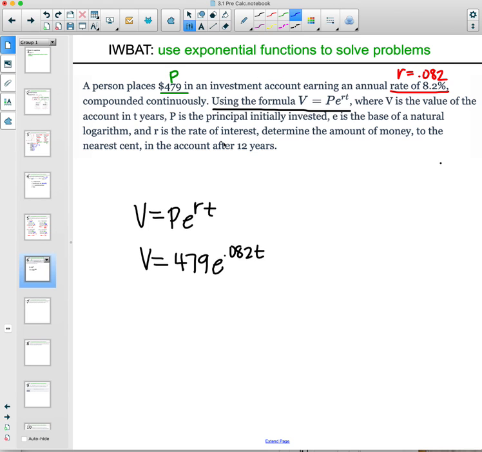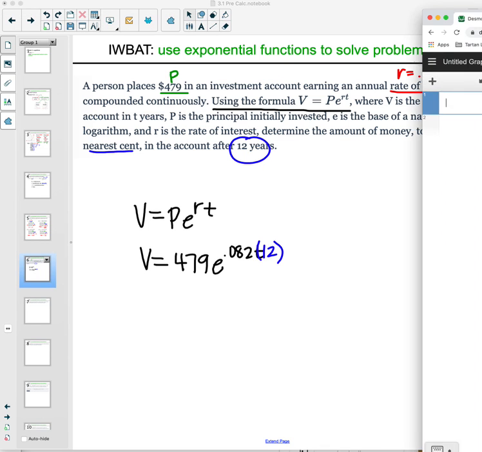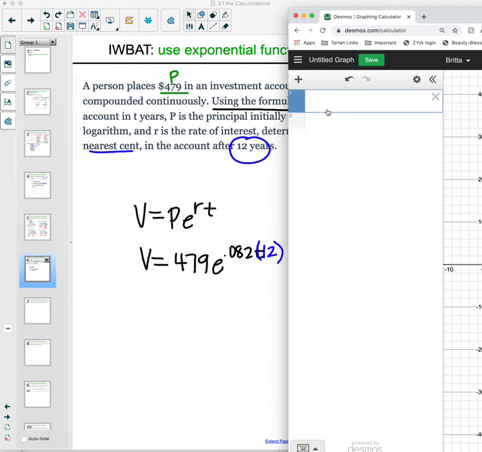Then this one said determine the amount of money to the nearest cent after 12 years. So we would plug 12 in for this t. So now you can just take your calculator. You can also use the Desmos calculator if you want to. So 479 times e, and if you just type in e, it'll know. And then to the 0.082 times 12.